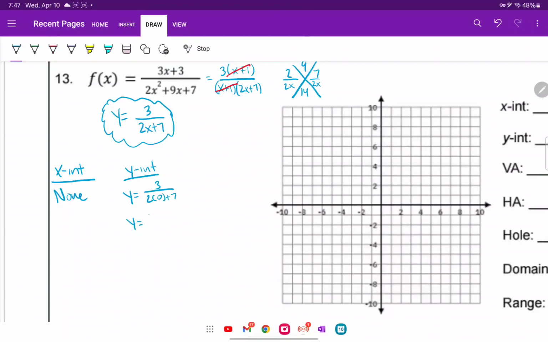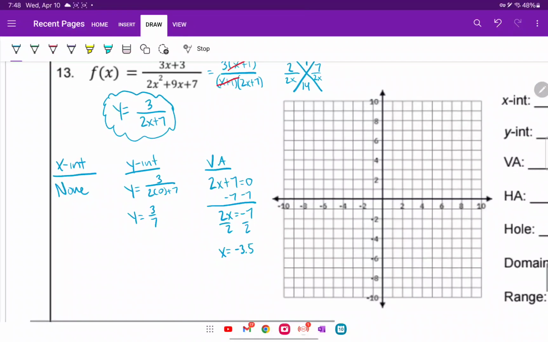So y equals 3 over 7. For my vertical asymptote, set the denominator equal to 0, so 2x plus 7 is equal to 0. We're going to solve it for x, so subtract 7, divide by 2. x equals -7/2 or -3.5.